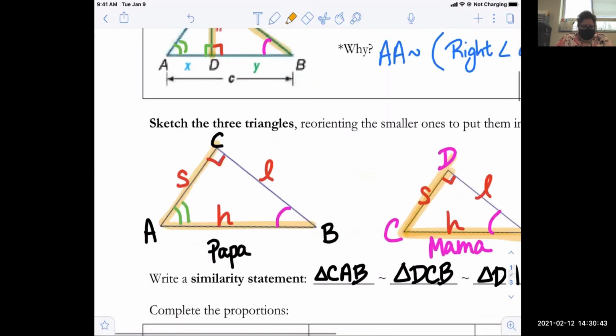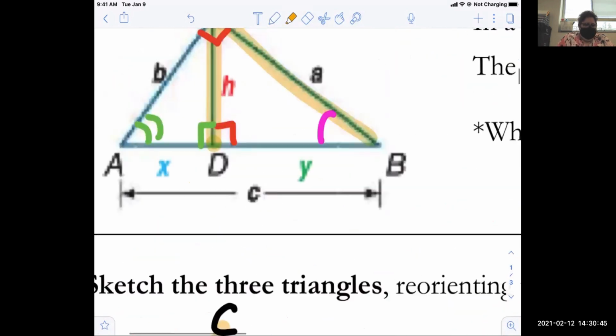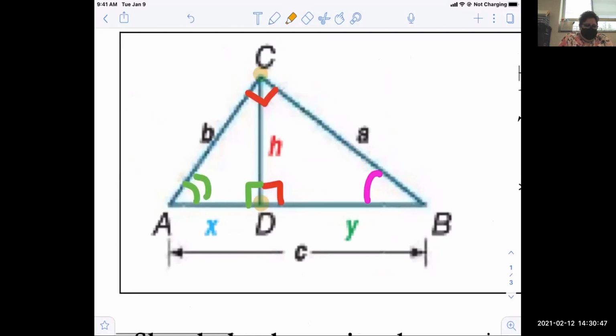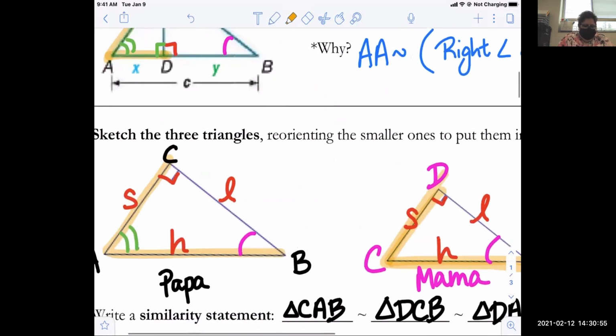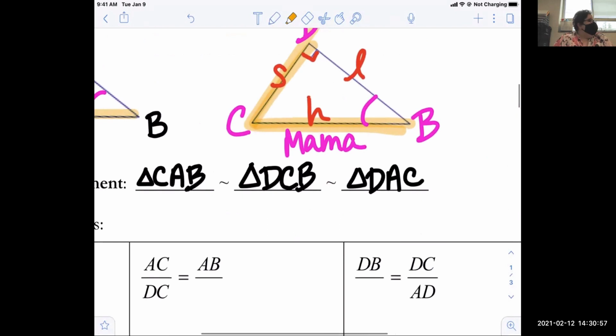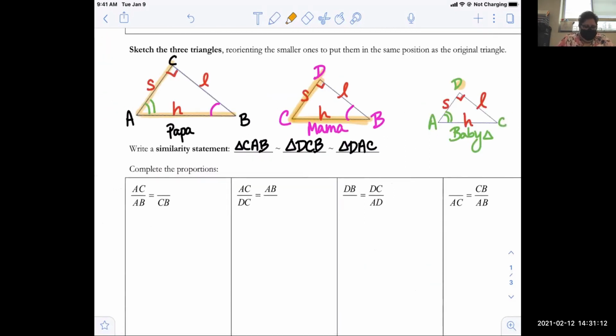And then in Baby Triangle, I can go from the right angle down here along the short leg along the hypotenuse, DAC. I can get that similarity without having to pull those triangles apart and redraw them. So I always start at the right angle, go along the short leg, go along the hypotenuse, because those are easy things to recognize. The right angle is an easy place to see, and you can tell short versus long most of the time.